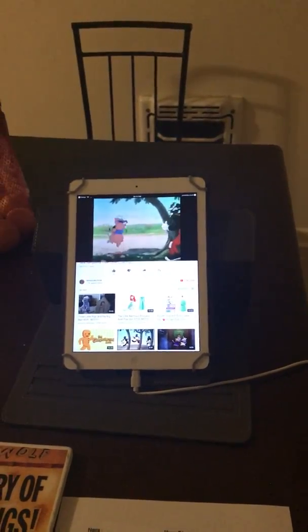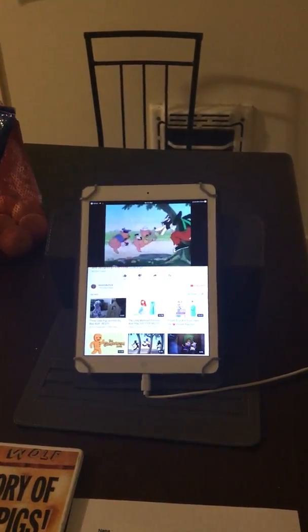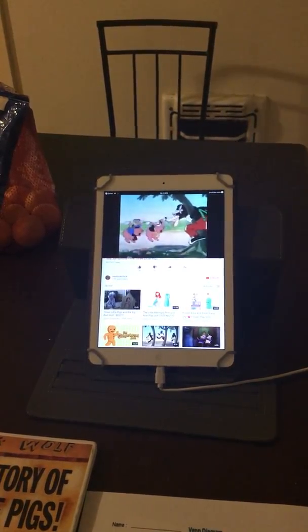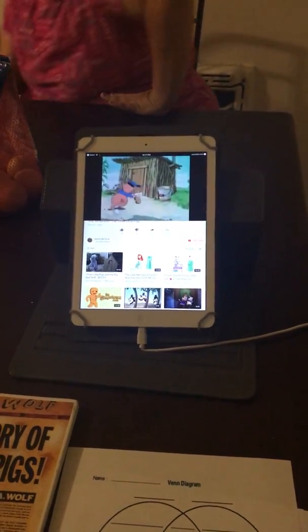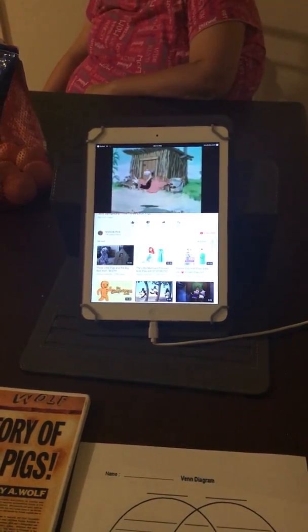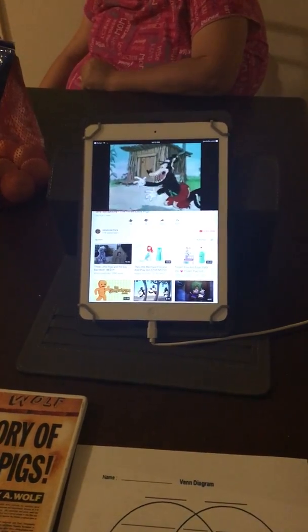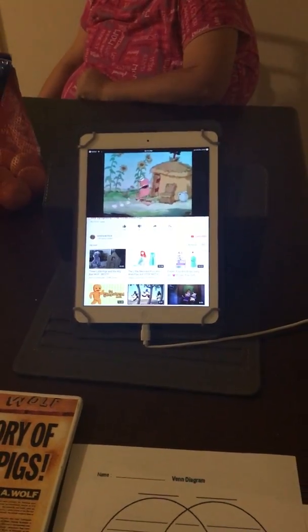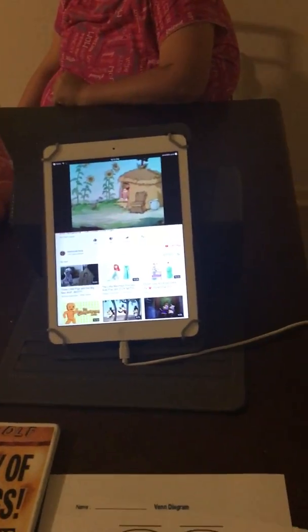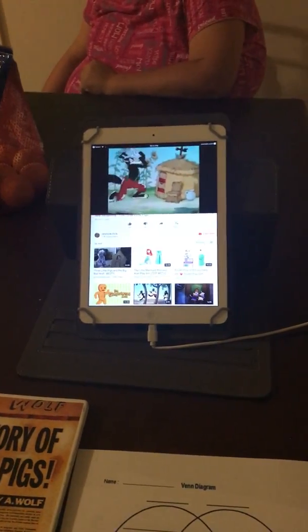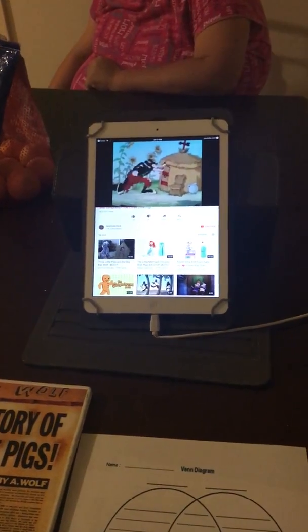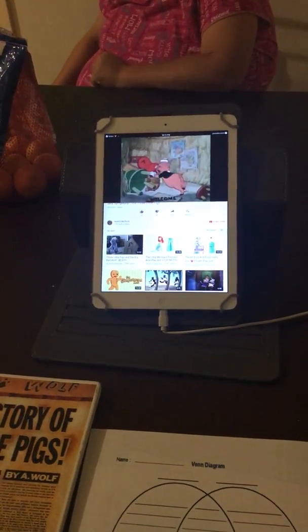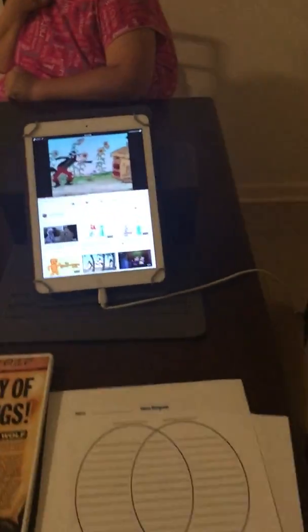It tends to get boring, but having them involved with the videos or reading it themselves might keep them attentive and wanting to get involved. I also think I should put in some role play. Let them be the wolf and the pigs, and read as a script to keep them open-minded and also help with comprehending the story.